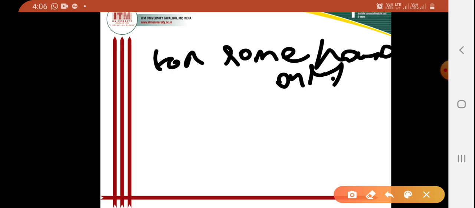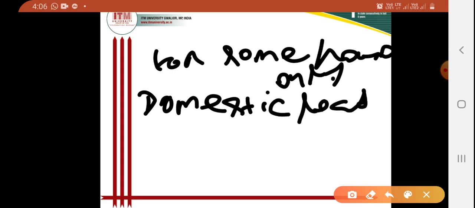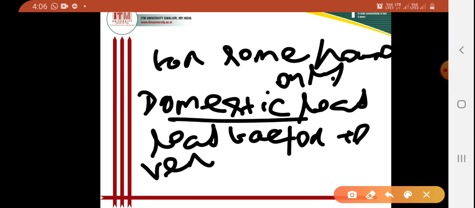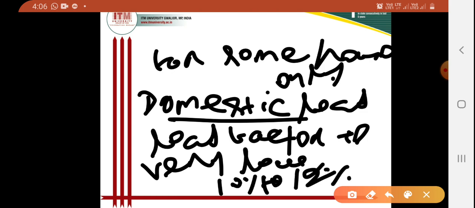So for this reason the load factor of domestic load is very low, which may be 10 to 12 percent only.